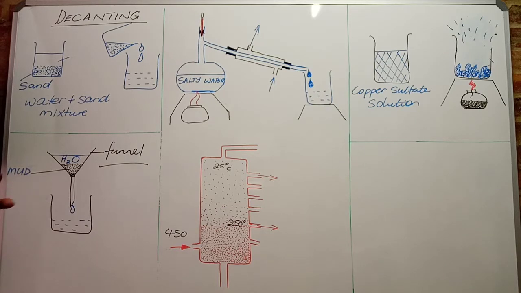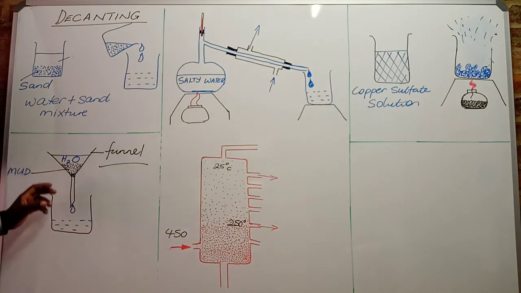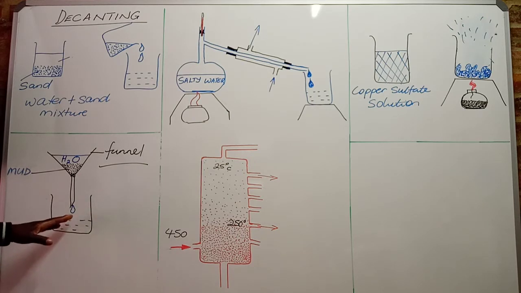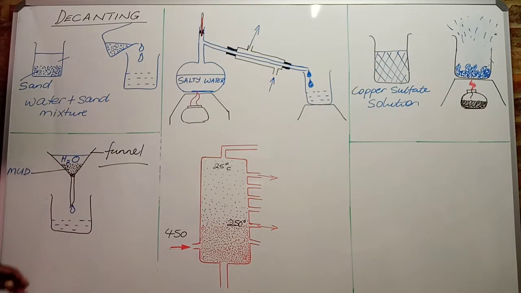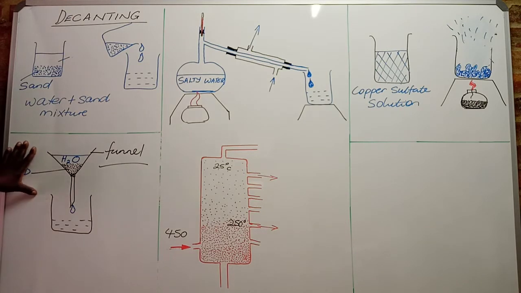Our water will slowly drip out and collect into a beaker, while our clay soil will remain in the funnel. This is the most appropriate separation method if we are to separate water from clay soil.